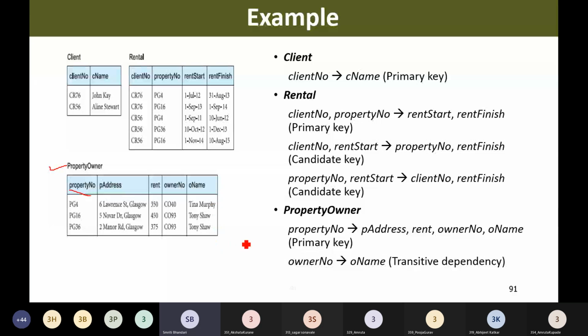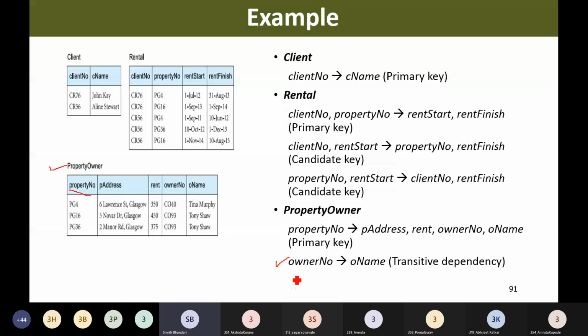But we are having one transitive dependency here. And what is that transitive dependency? Property number is determining owner number and owner number is determining owner name. I'll repeat. Property number, which is my primary key, is determining owner number, right? And owner number is determining owner name. So we are having the dependency like owner number determining owner name. And this is the transitive dependency in this relation.